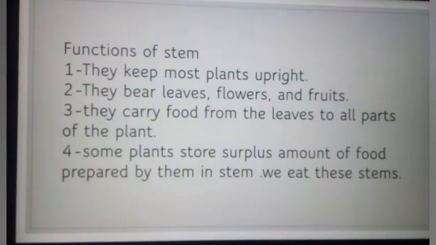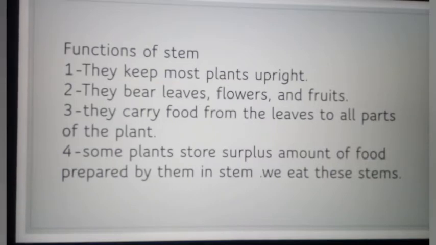Now, functions of stem. Every plant contains a stem. As I told you in the beginning, leaf, flower, fruit and stem, these all are the parts of a plant. So what is the function of stem? On stem we can see leaves.